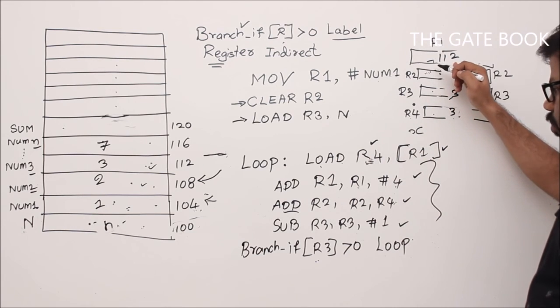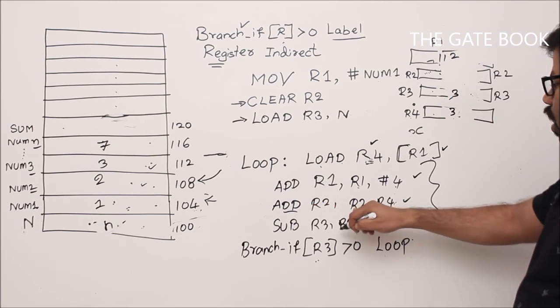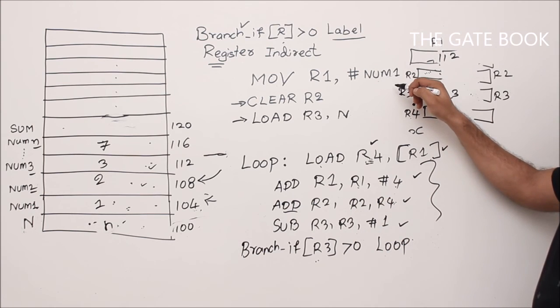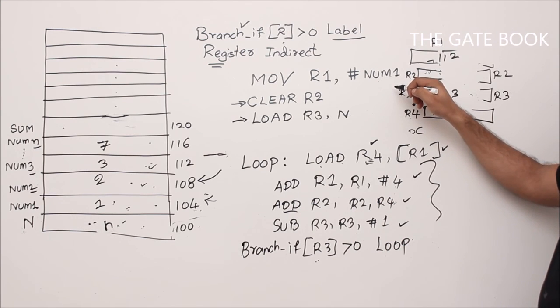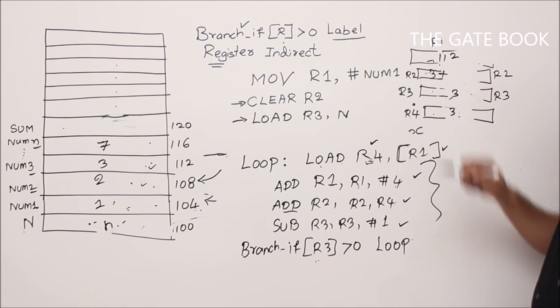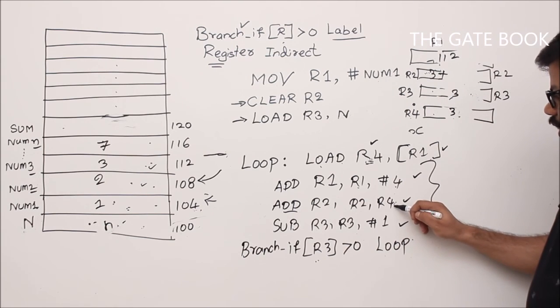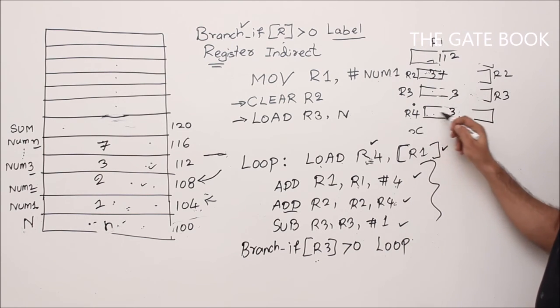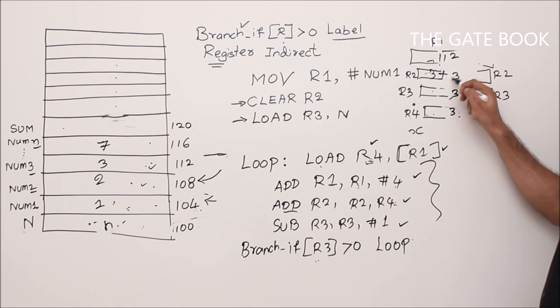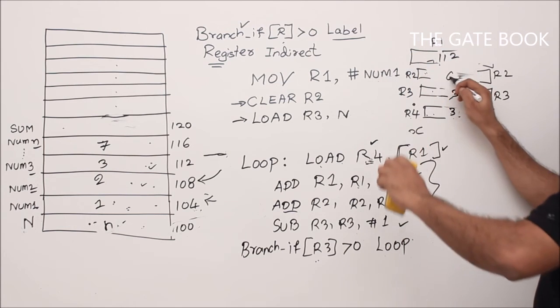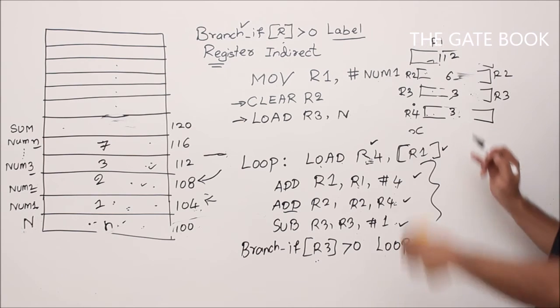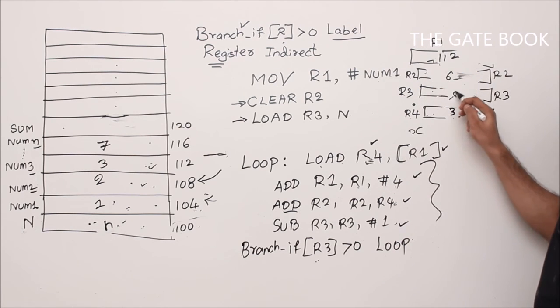Then this will become 112. Perfect. Then add R2, R2, R4. So what was the value in R2? 3, right? 3 plus R4. Blindly take value of R4. R4 is 3. 3 plus 3, 6. Then subtract. Then this will become 2.